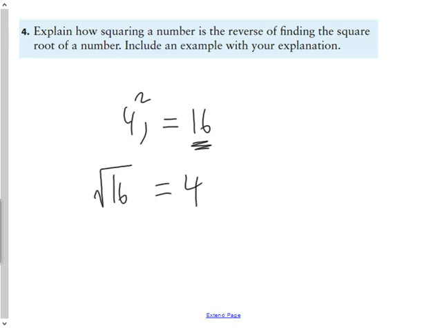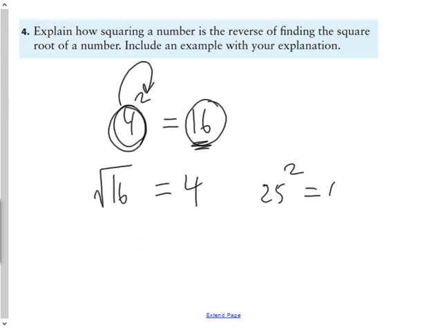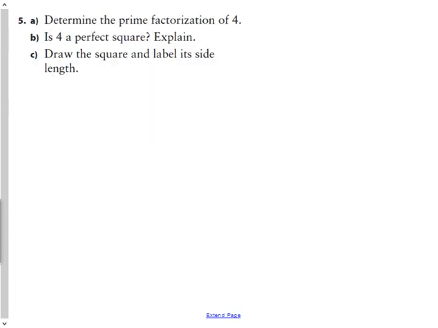If I take a number and square it, then if I square root that answer, I will always end up with the original number I started with. So if I go 25 squared, that is 625. And if I say, what is the square root of 625? That would be 25.